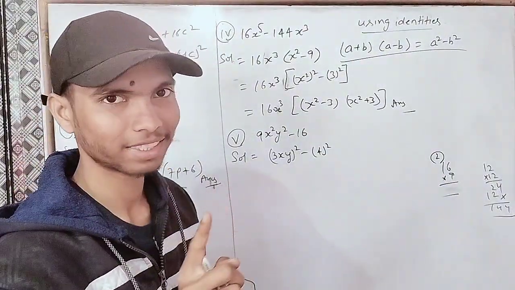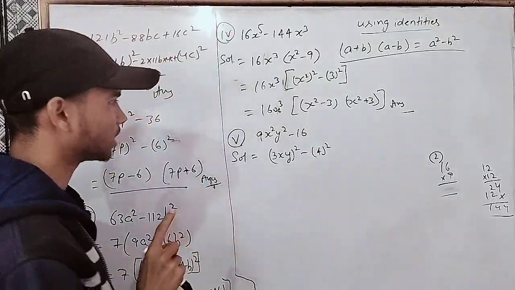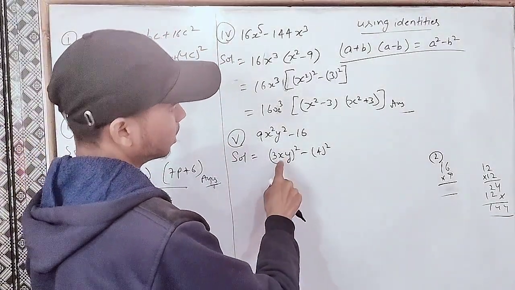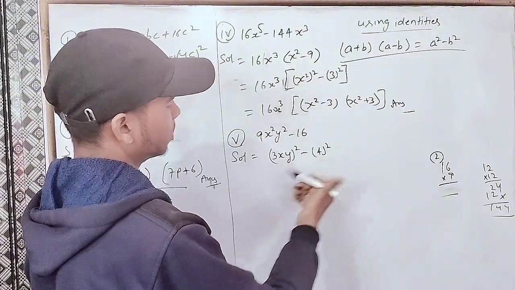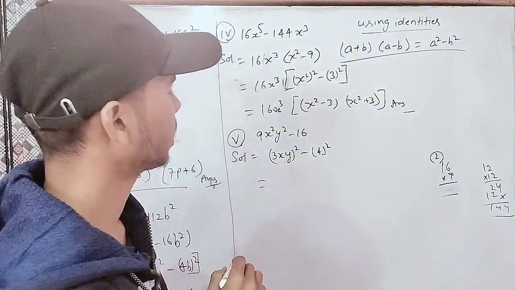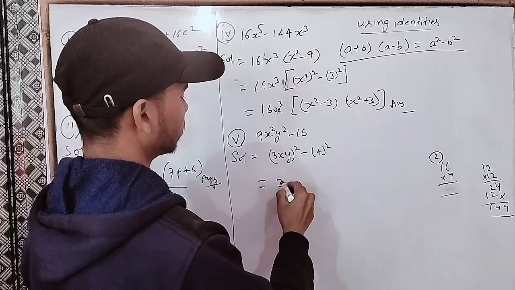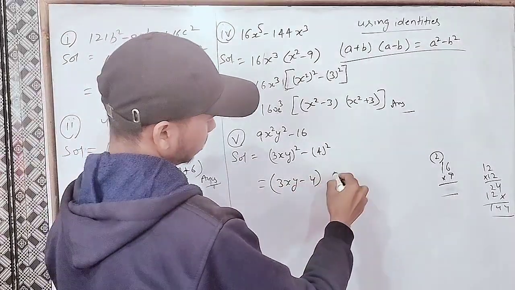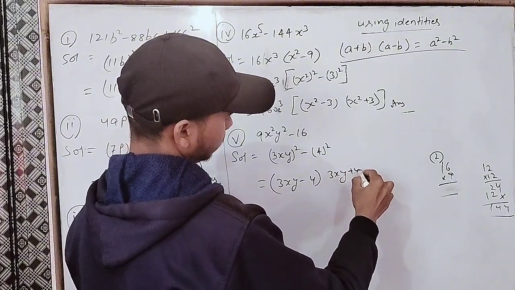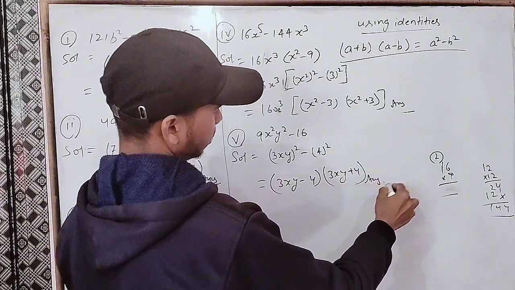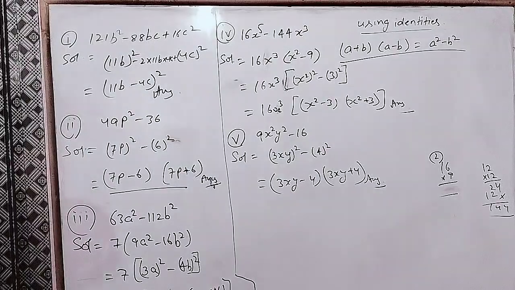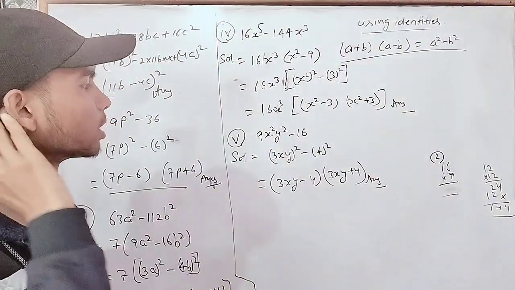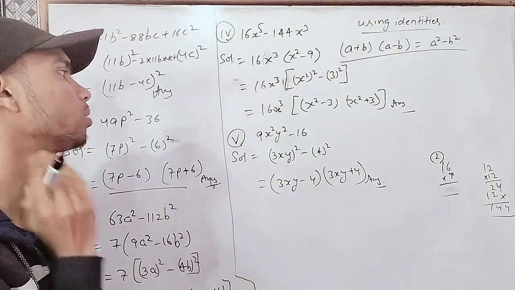We have nothing changed. Here you can see 3 3s are 9, x square y square. Yes, simple. Then we have a square minus b square, then 3 and then y, then 3, then y. Okay, this is a way: 3xy minus 4, 3xy plus 4.